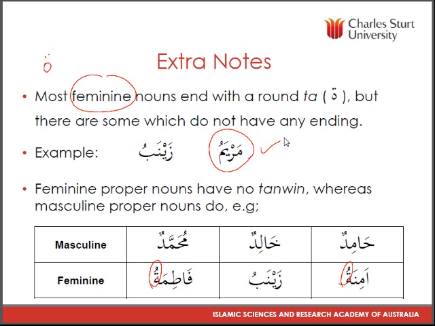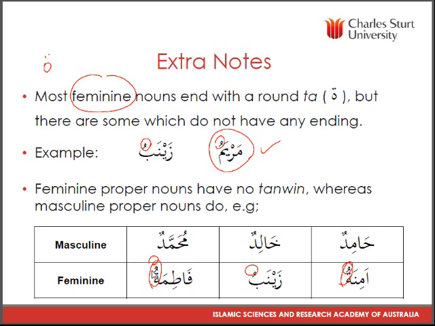For feminine proper nouns, the rule is they have to have no tanwin. There is no tanwin at the end. Look, Maryamu, not Maryamun. It is extremely important. There is no tanwin for feminine endings. Zeynebu, look, there is no tanwin.